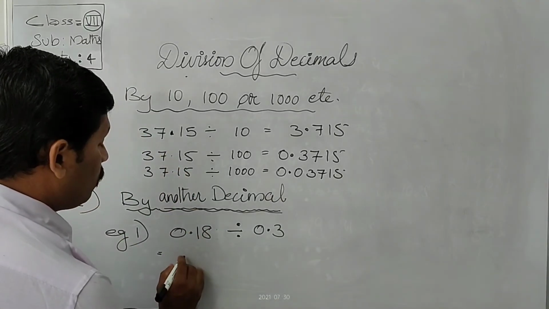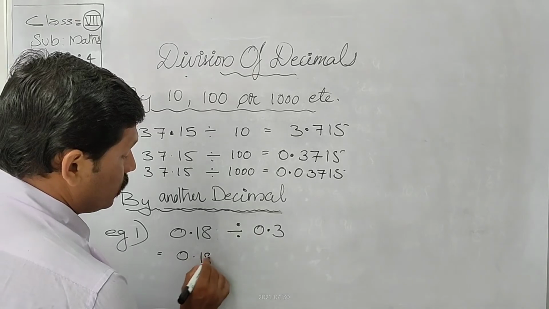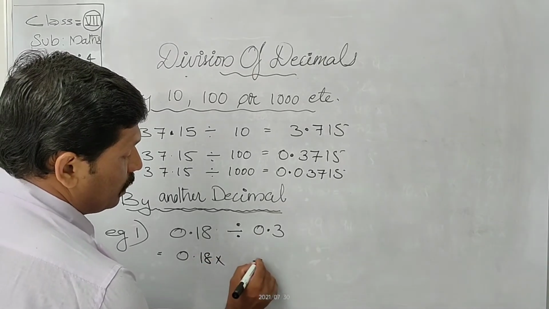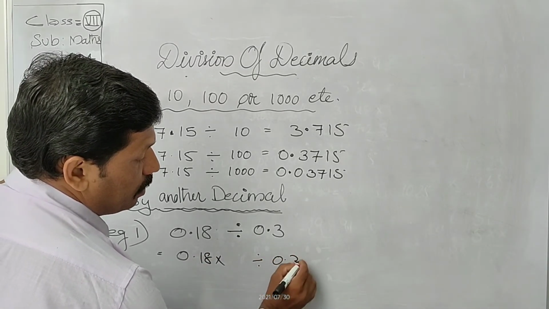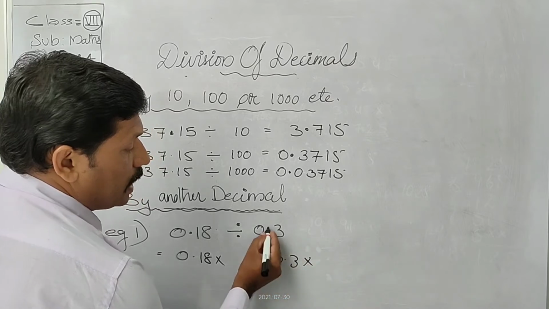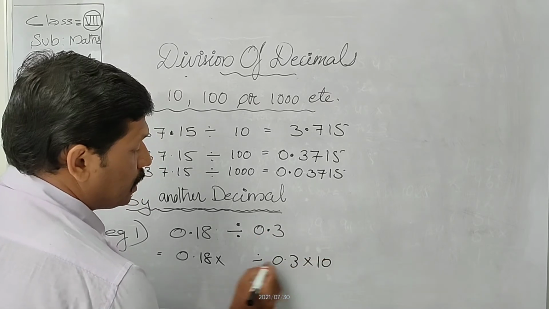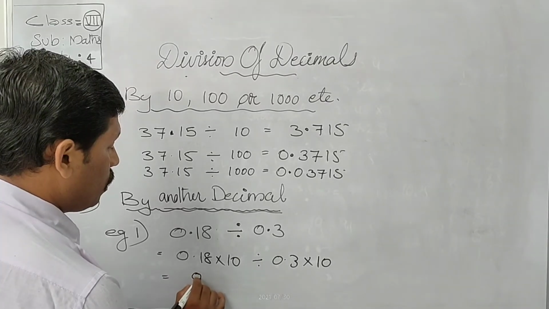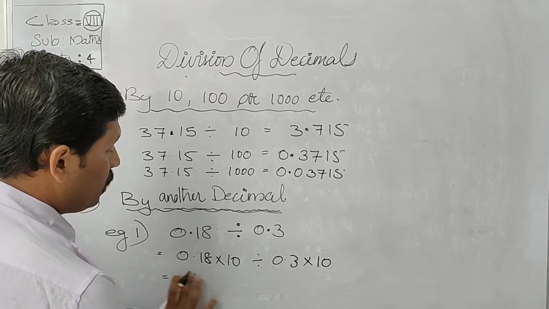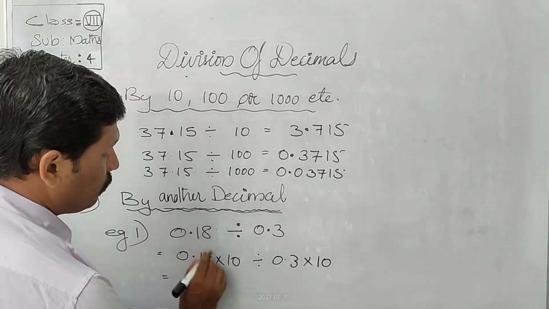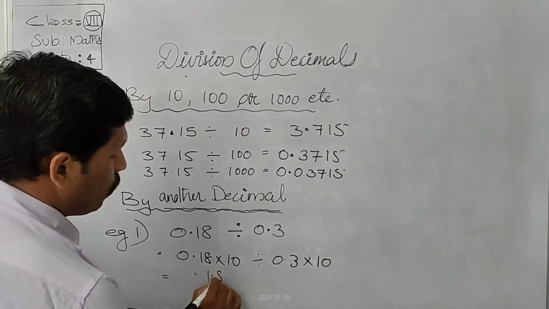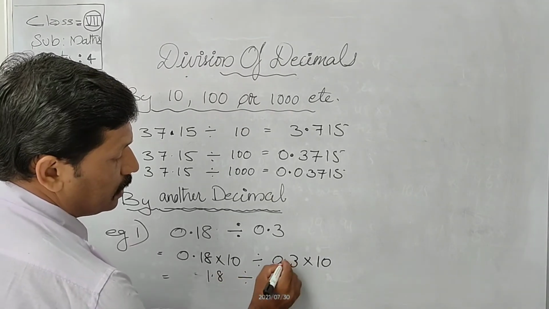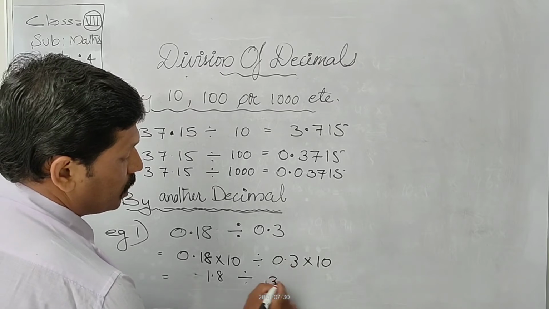So here I am going to multiply 0.18 by 10, and 0.3 by 10. When we multiply by 10, the point will shift 1 digit to the right. That means 1.8 divided by 3.